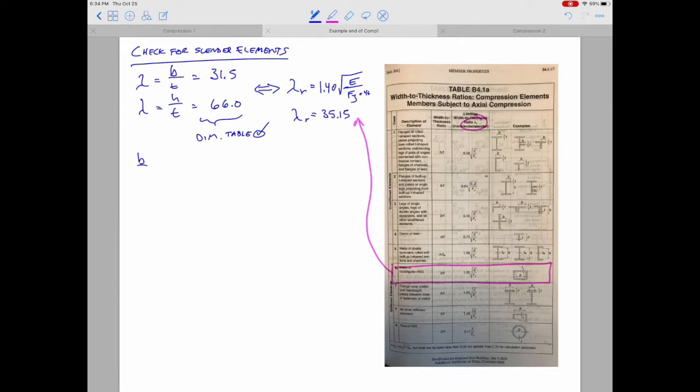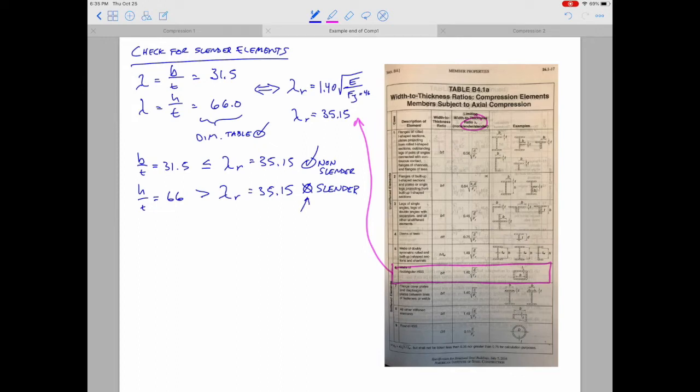Alright, so b over t is equal to 31.5, and it is indeed less than lambda r, 35.15. This one's okay, it's non-slender. But h over t is very much not non-slender, to use a double negative. It's greater than lambda r, which is 35.15. And it is slender. Now I put x's here, that doesn't mean that it fails, right?